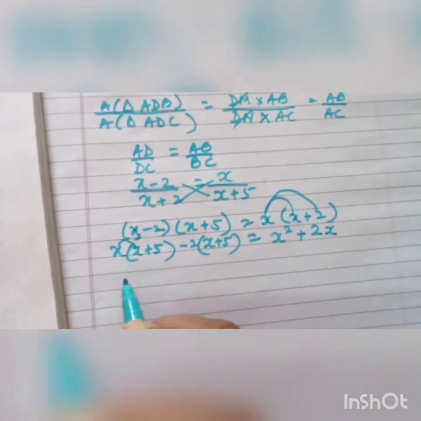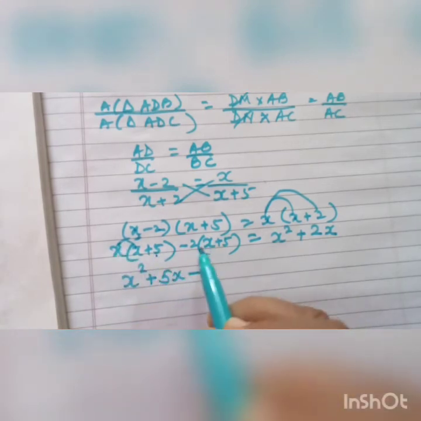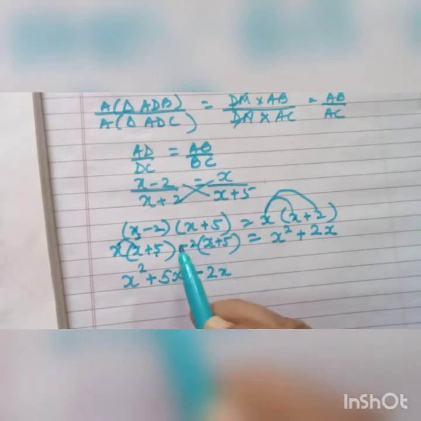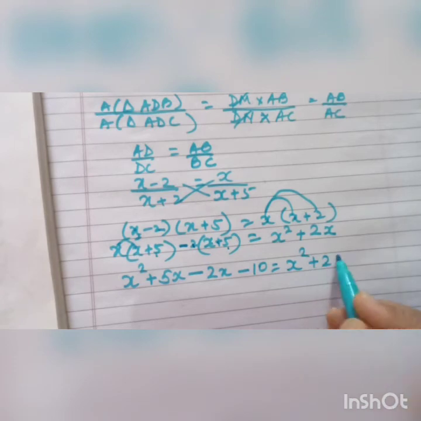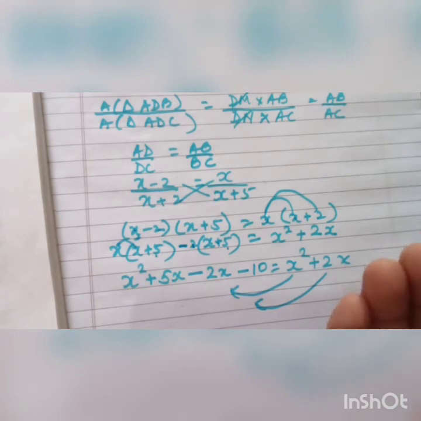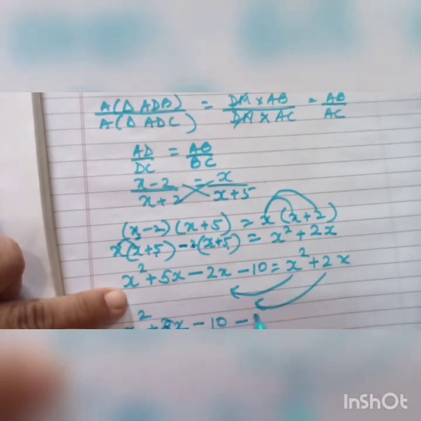Now X into X is X square plus X into 5 is 5X, minus 2 into X is 2X, minus 2 into 5 is 10, is equal to X square plus 2X. Now we bring all these sides from right hand side to left hand side. We already have X square plus 5X. 5X minus 2X is 3X minus 10 minus X square minus 2X equal to 0.